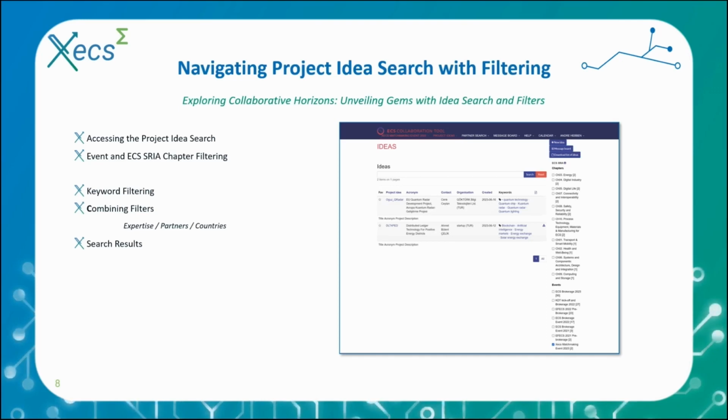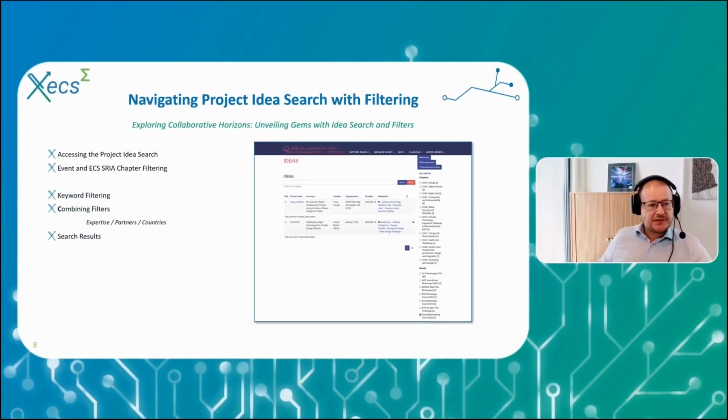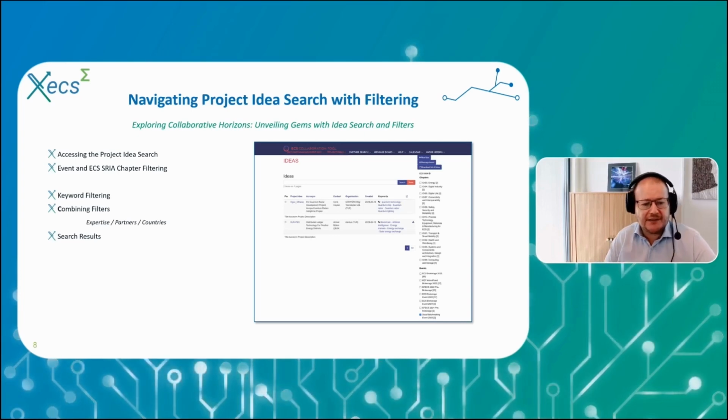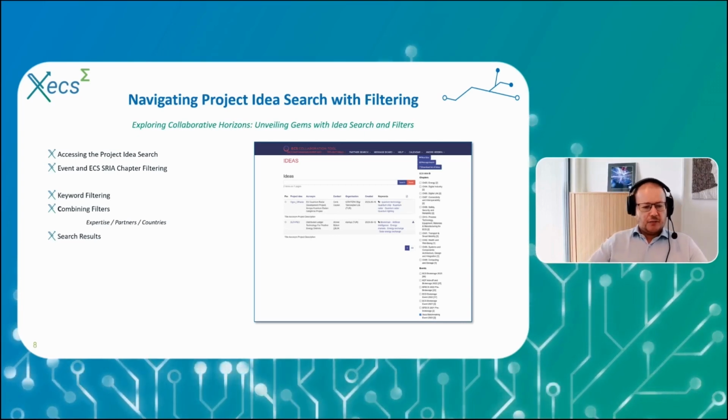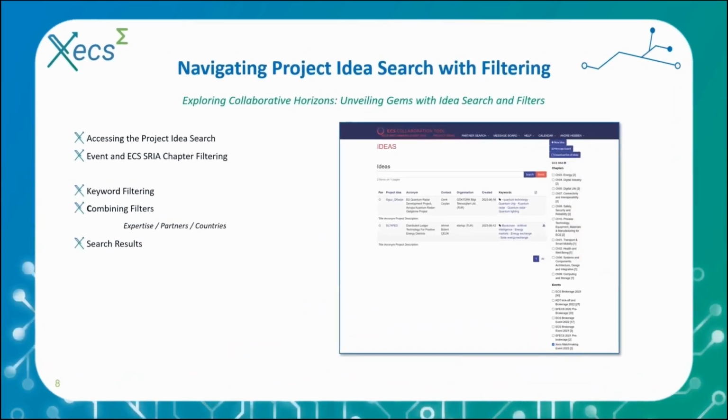So for those who have a project idea, or you want to look already inside new project ideas, I will explain how to navigate the project idea search, in which you can look up project ideas present for the XECS event, but also the project ideas which are present not only for the event.